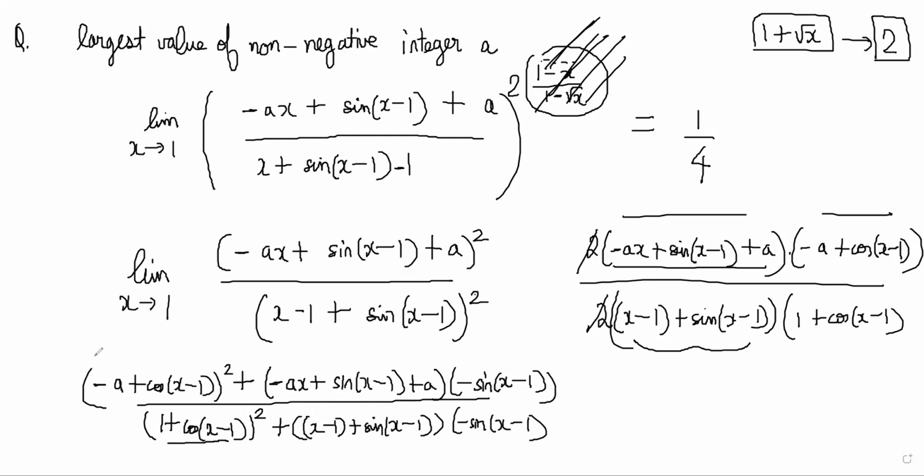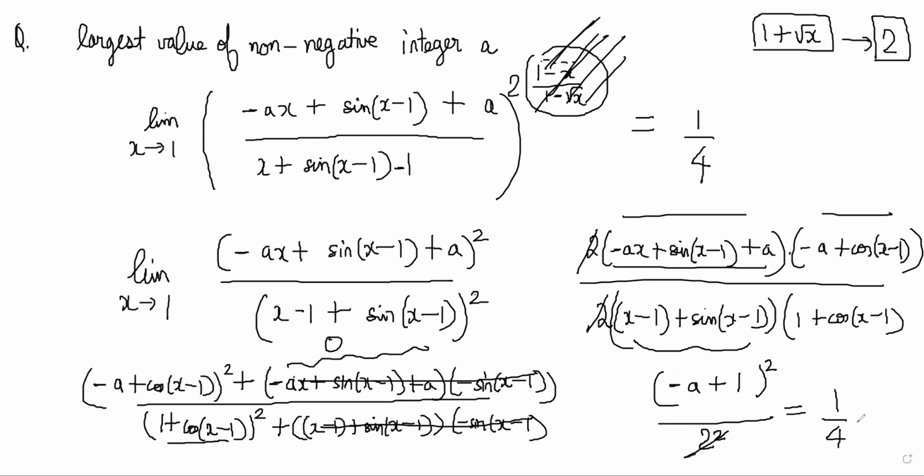Now you can put the value of 1. This term disappears, it's 0, so this is useless. And this term also is 0, goes away. Now put the value of 1: it is (-a + cos 0), and cos 0 is 1, so the whole square, divided by the denominator 2 square, is equal to 1/4. The 2 square will cancel.